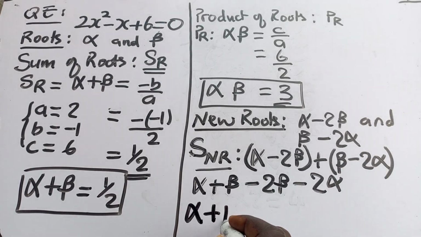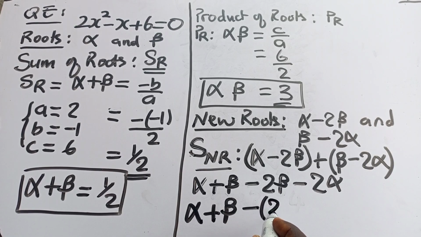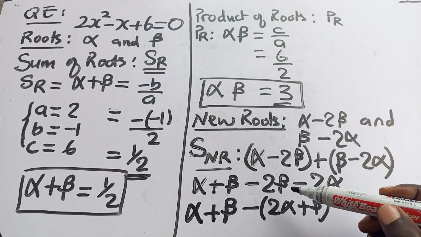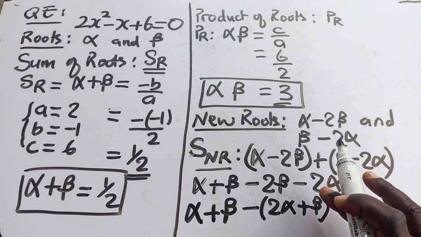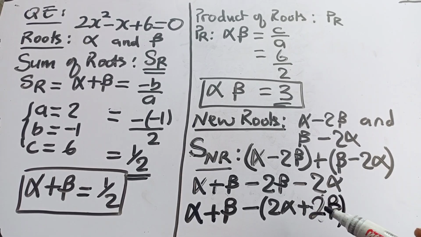Since there's a negative common here, we'll factorize out the negative: negative into 2 alpha plus beta. When we remove these negatives from here, we'll have 2 beta. And when we remove this negative from here, we'll have 2 alpha, positive 2 alpha. The negative is outside. So that's what we get at this level.